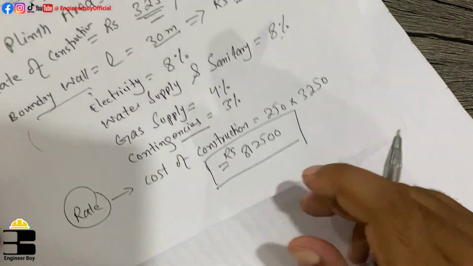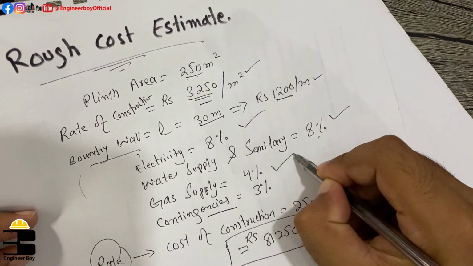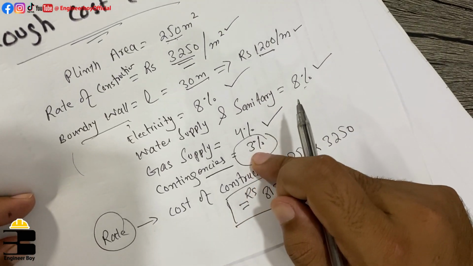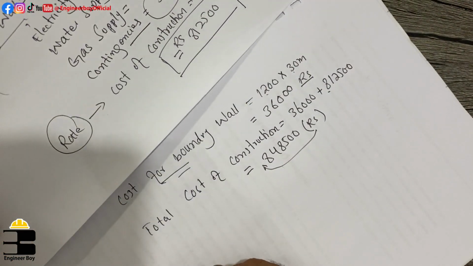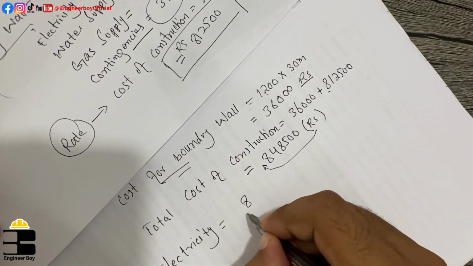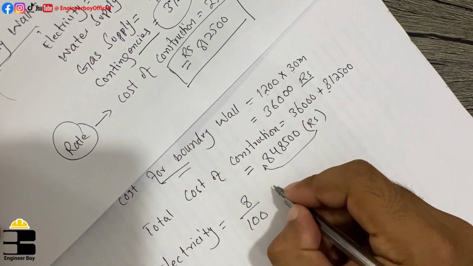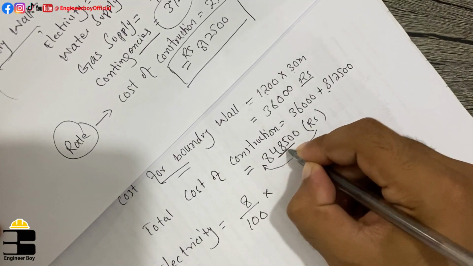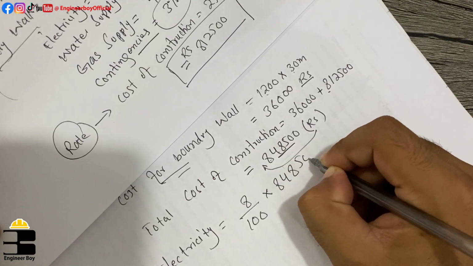Now we can determine electricity, water supply and sanitary, gas supply, and at the end we will consider contingencies for the total. Let's go ahead for the electricity. That is 8%. Remember that percentage is in 100, so we divide by 100, and the 8% is of the total construction cost, the same thing, 848500.